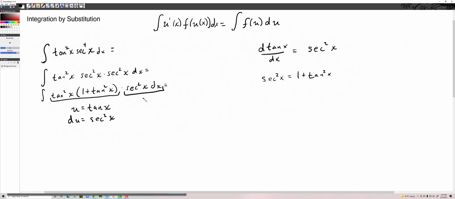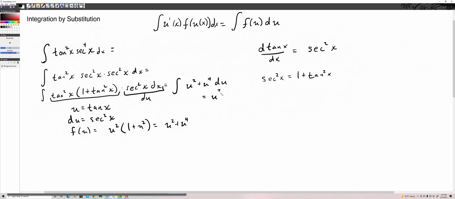I've got my full du here. That's perfect. And then f of u is going to be u squared times 1 plus u squared. I can rewrite that as u squared plus u to the fourth. So this is my integral: u squared plus u to the fourth du.